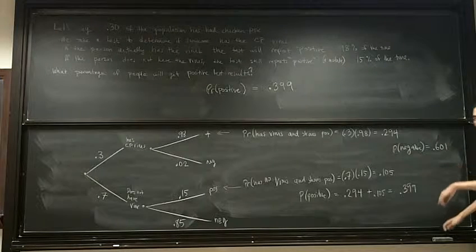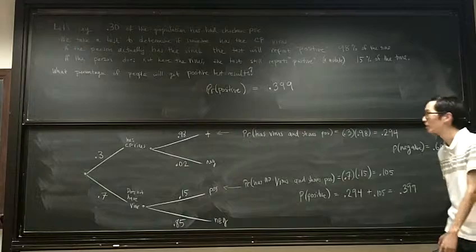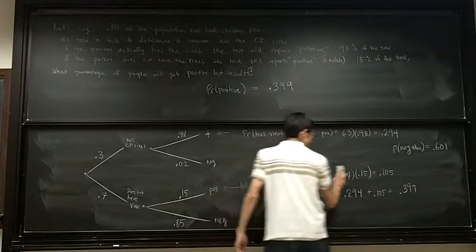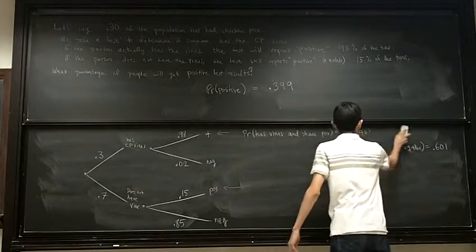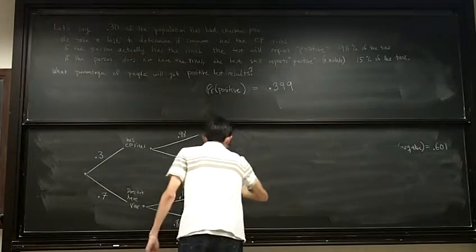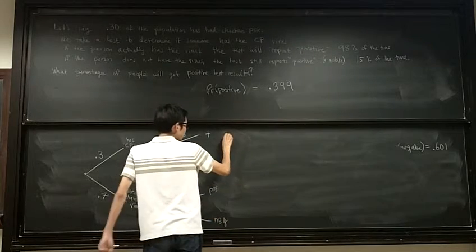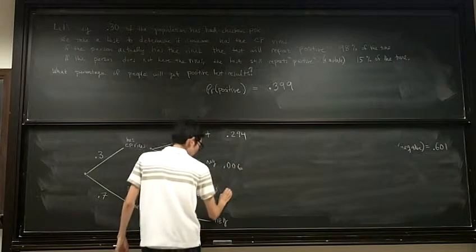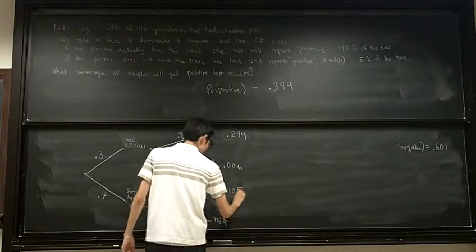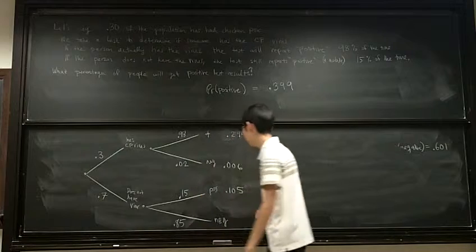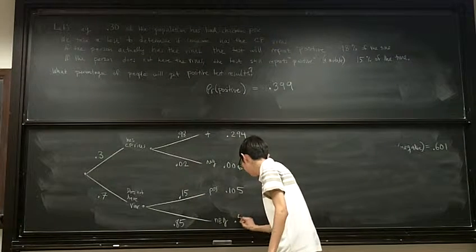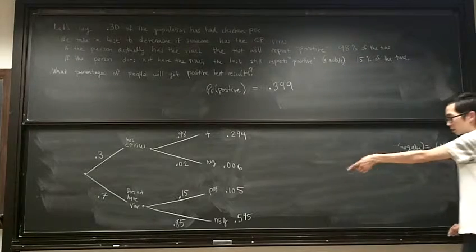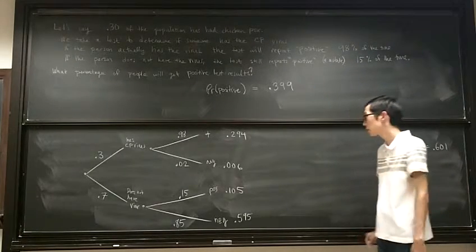All right, let me complicate this a little bit further. Okay, so let me just put the probabilities right here at the end of the lines. What is this one? 0.595. Okay, so that's what would happen if I multiplied down the line. I did that.